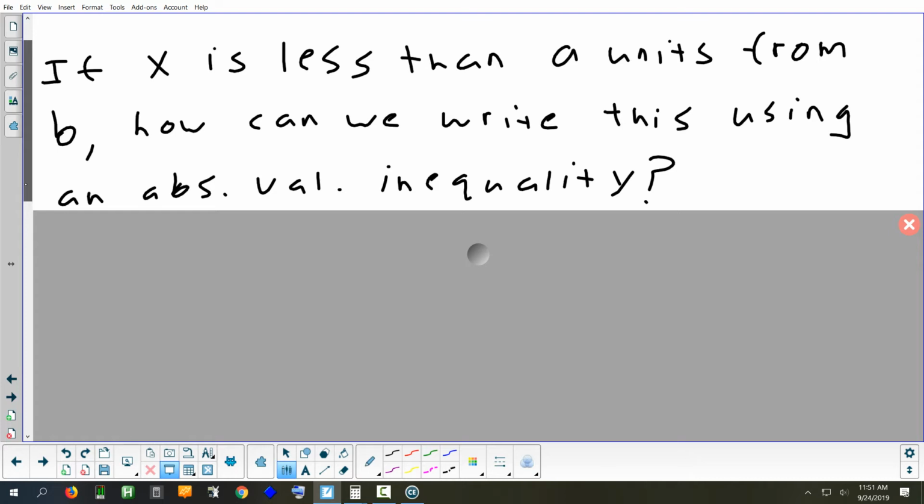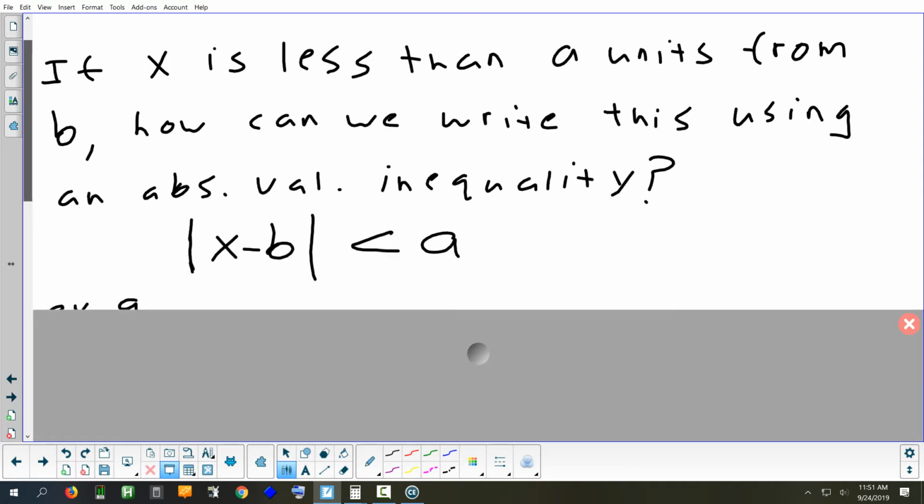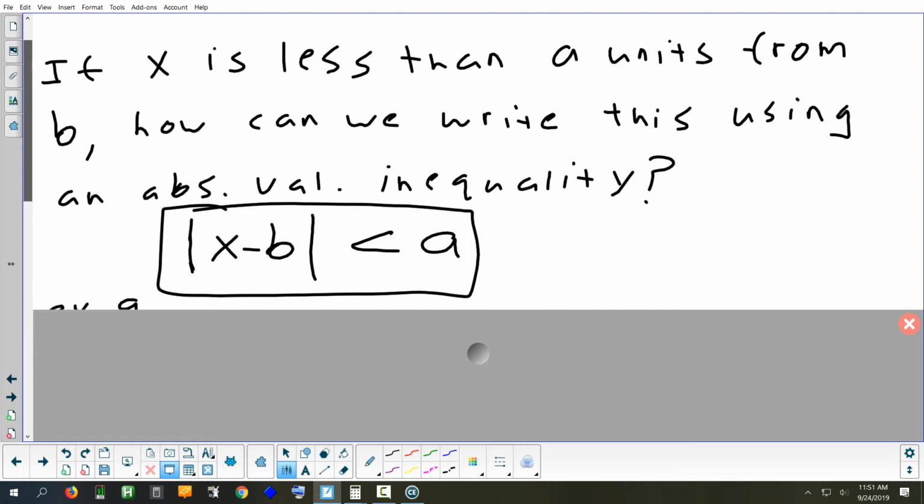All right. So this one is kind of a setup they give you where they say something like x is less than 3 units from 10. Set up an inequality for that. This is the template that you use.